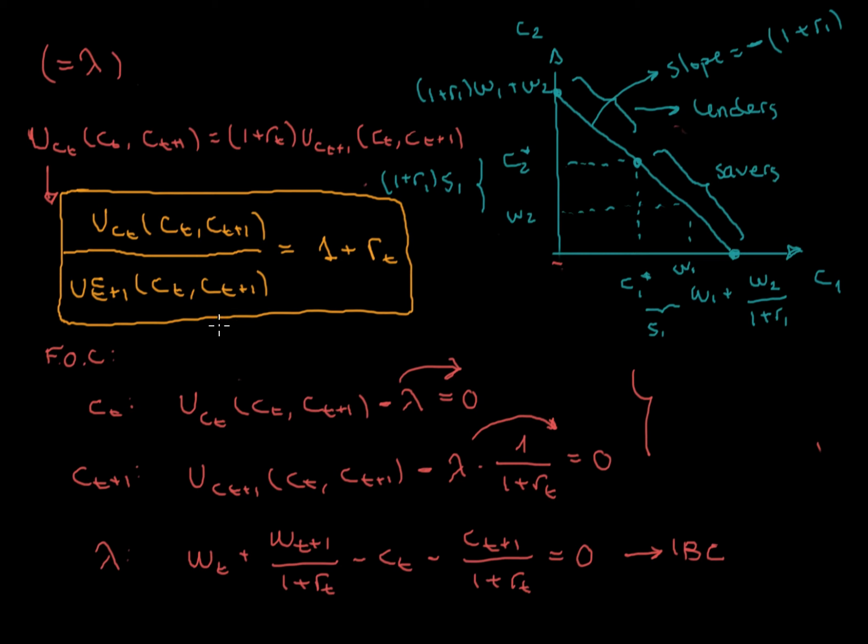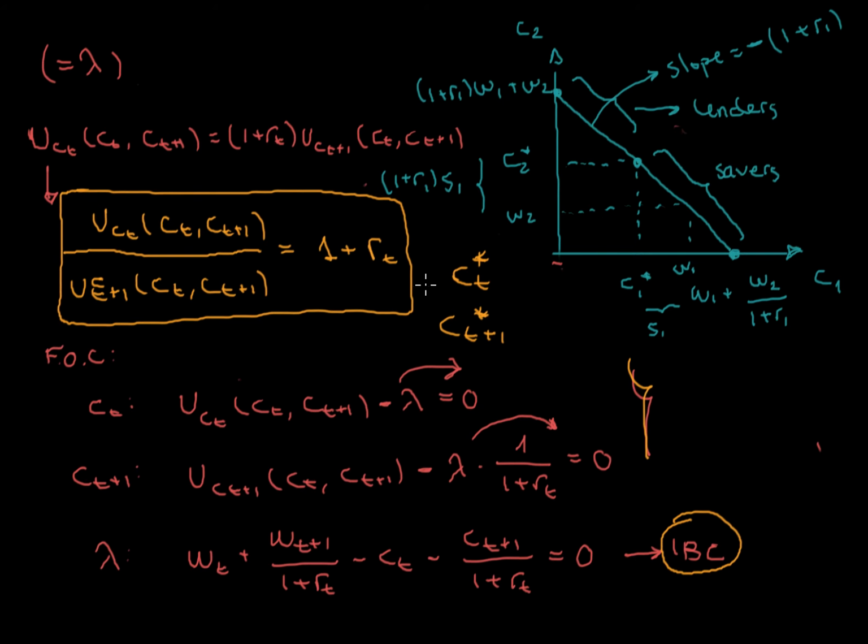And from here, using also the intertemporal budget constraint, we can compute the optimal consumption functions for c_t and c_{t+1}. And this would be the result that we want to obtain.